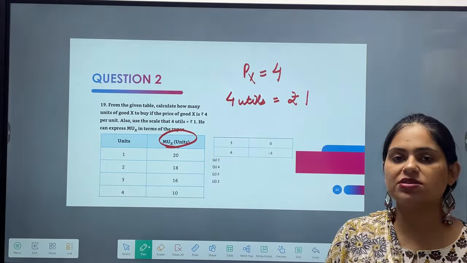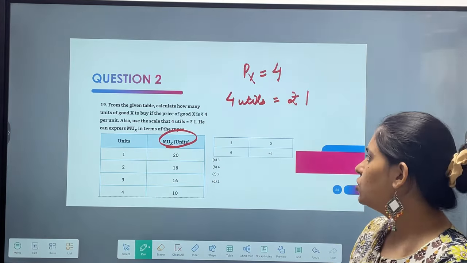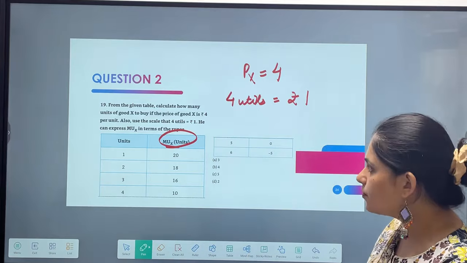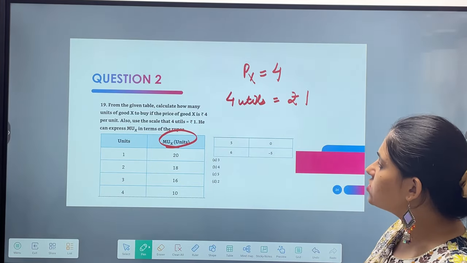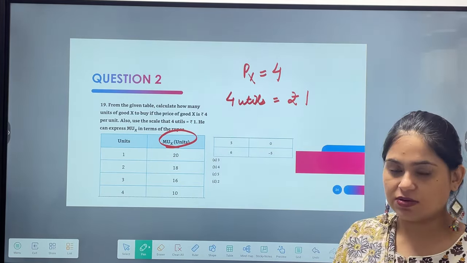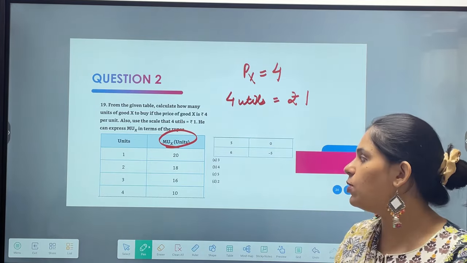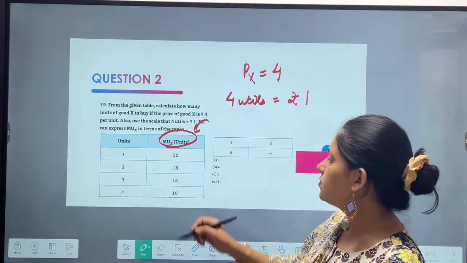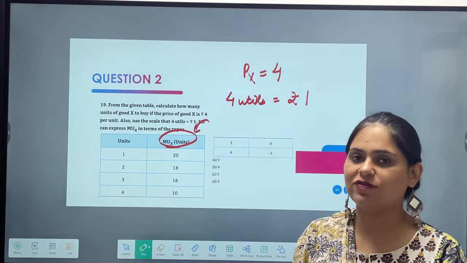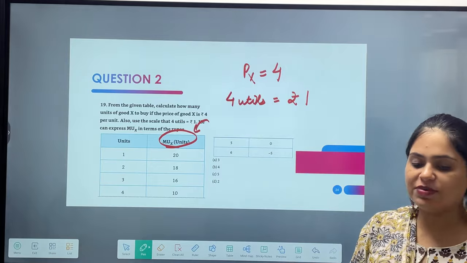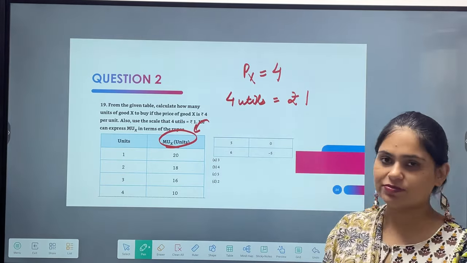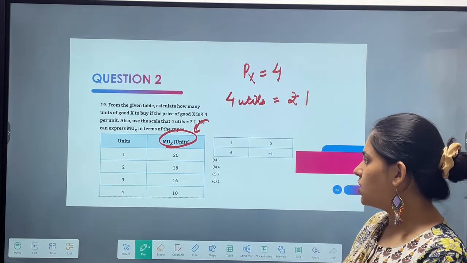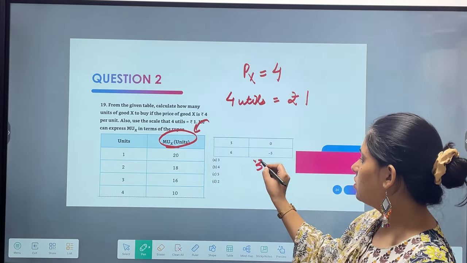So you are given that Px is 4 and it also says that 4 utils together is equivalent to 1 rupee and you are given marginal utility. Try to just solve this question. Try to give me the answer. So the options are 3, 4, 5 or 2.